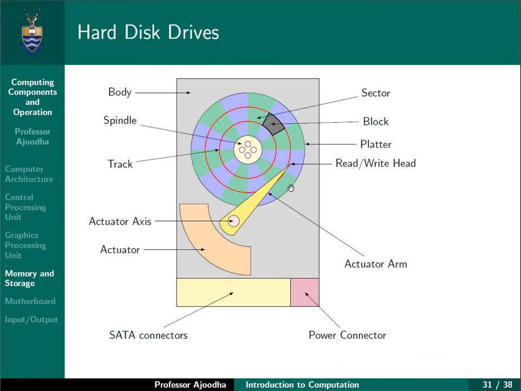This particular disk is a flat circular disk made of a non-magnetic material, usually aluminium or glass, and it's coated with a thin layer of magnetic material. That magnetic material is where we're going to store things. The data is stored on these tracks, which are circular on the surface of the platter, and each track is divided into smaller units called sectors, representing the smallest storage unit on the platter.